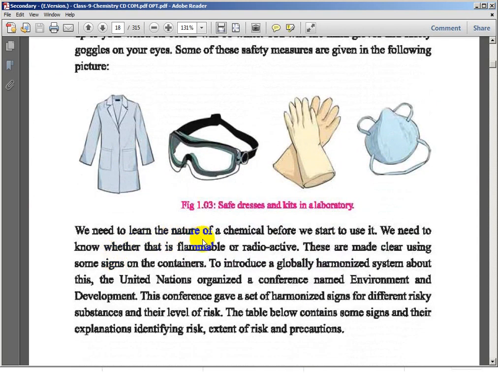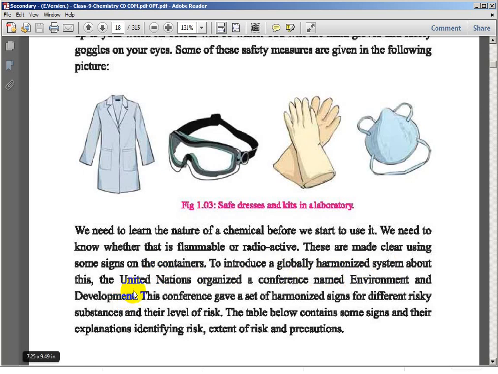We need to learn the nature of chemicals before we start to use them. We have to know whether a chemical is flammable or radioactive. This is made clear using signs on the containers, introduced by the Globally Harmonized System.